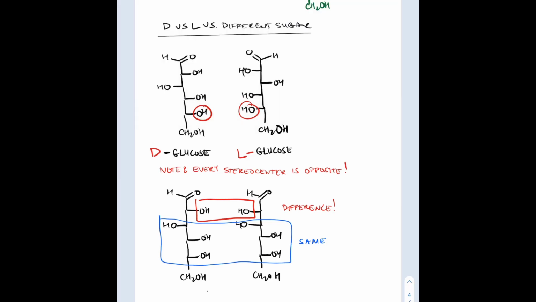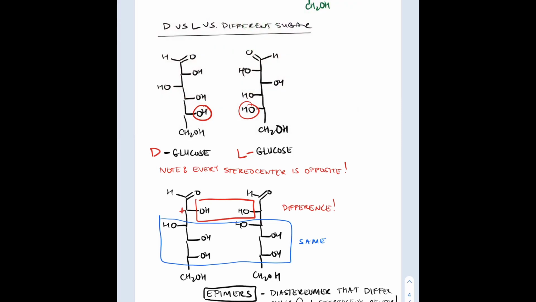Since we have a difference in only one chiral center, this is a diastereomer, but when it comes to sugars, it's an epimer. So diastereomers that differ at only one chiral center are epimers.